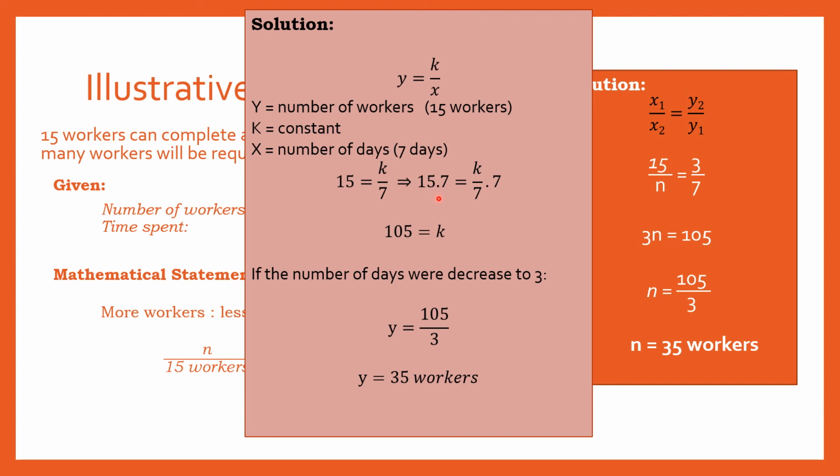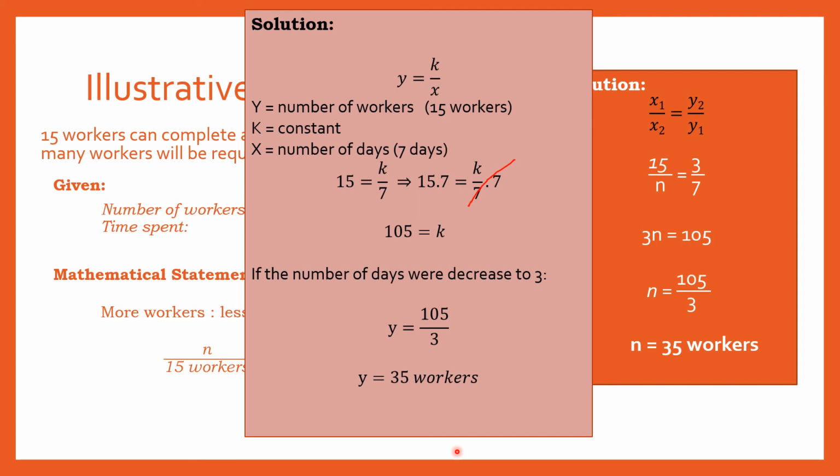That will be 15 times 7 is equal to k over 7 times 7. And then we are going to cancel that one, and that will lead us to this answer. So k is now 105.